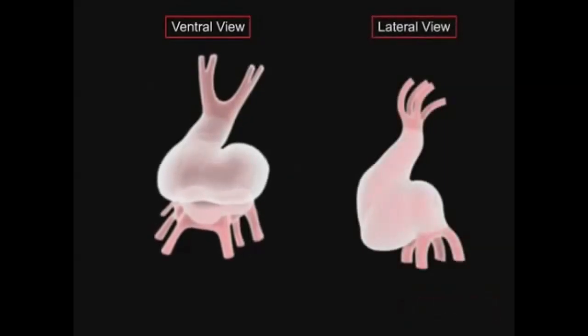So we can see that the next day it becomes larger, and we can see it from two positions, ventral view and lateral view. On both positions we can see the loop which forms the heart tube in this period.